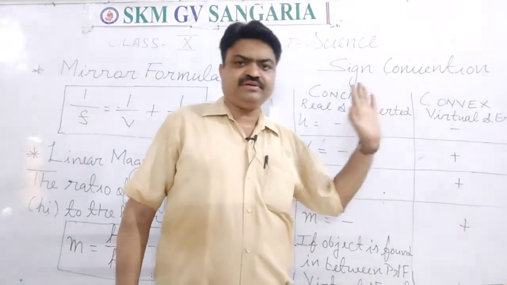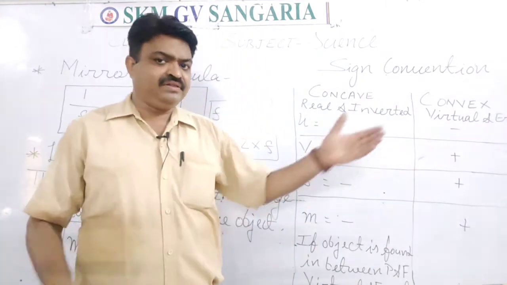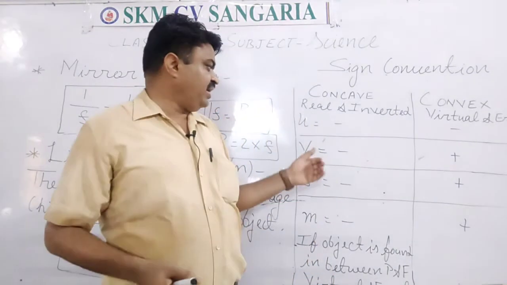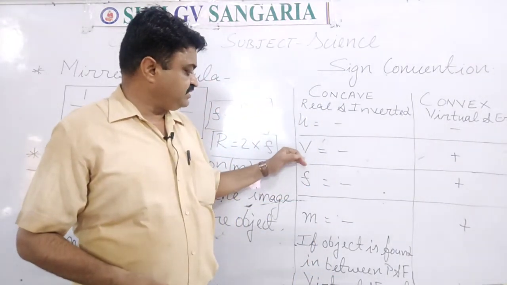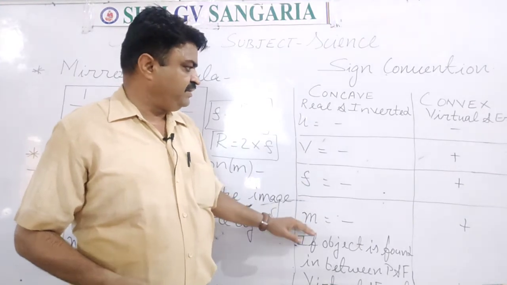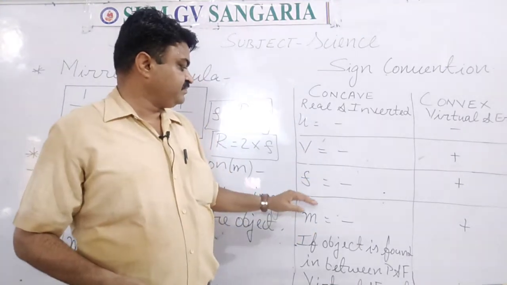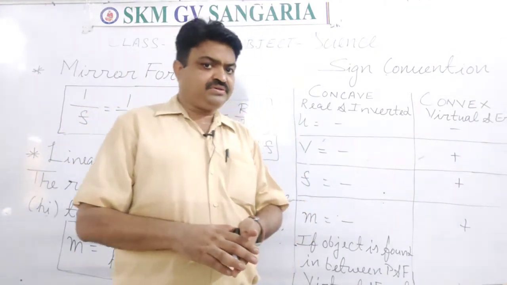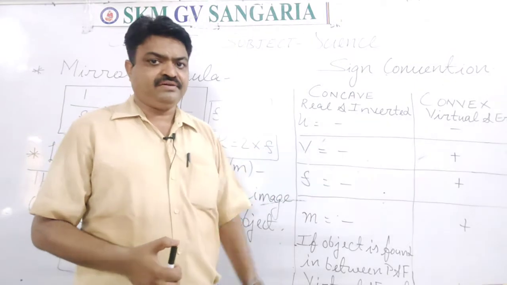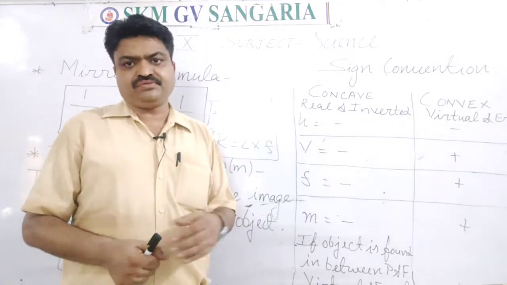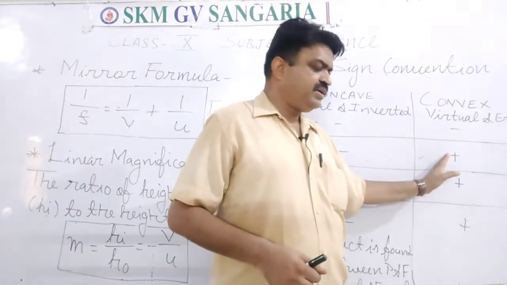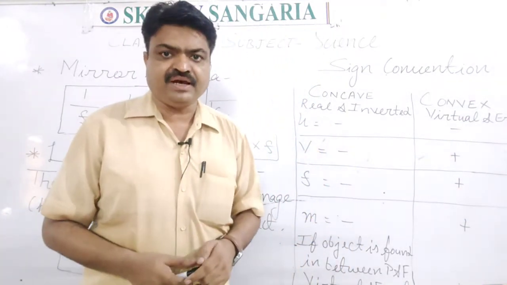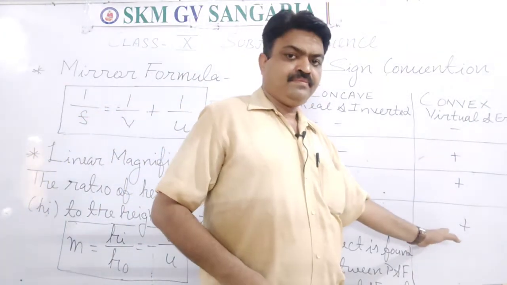They are positive, student, because we get a virtual and direct image, so the image distance, focal length and magnification will all be positive because they are formed on the other side. They are formed on the other side, student. And which sign convention do we use for them? Positive sign we will use.